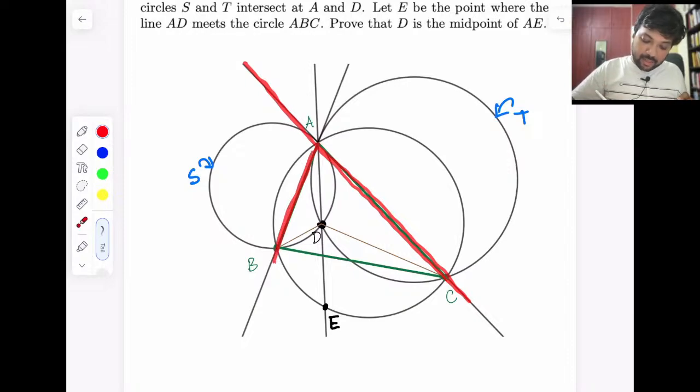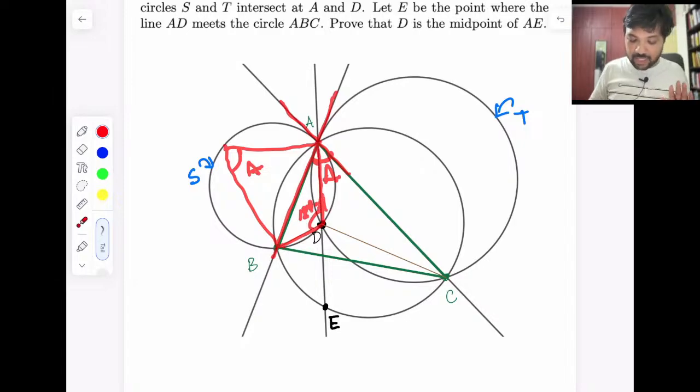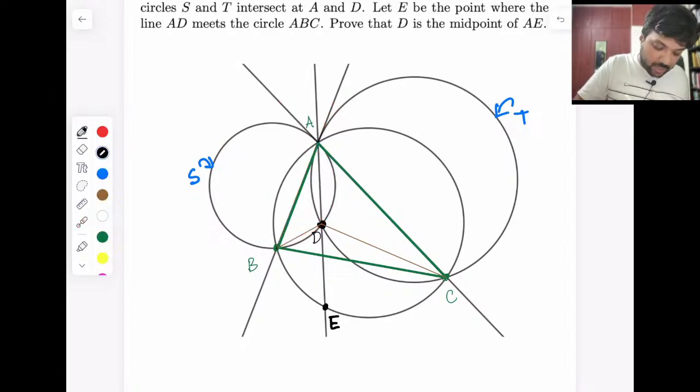By the alternate segment theorem, the angle made by the chord and the tangent equals the angle subtended in the alternate segment. This angle is angle A of the triangle, which means angle BDA must be 180 minus A because it's the opposite angle of a cyclic quadrilateral. So the first thing we learn is this angle is 180 minus A.